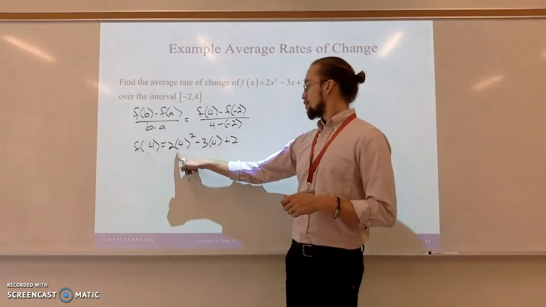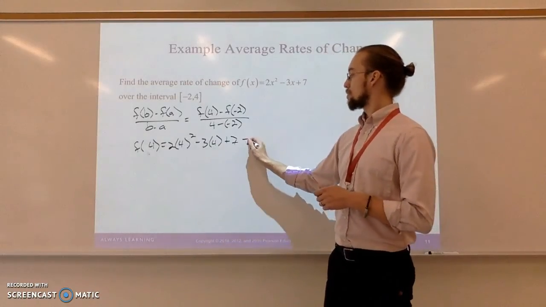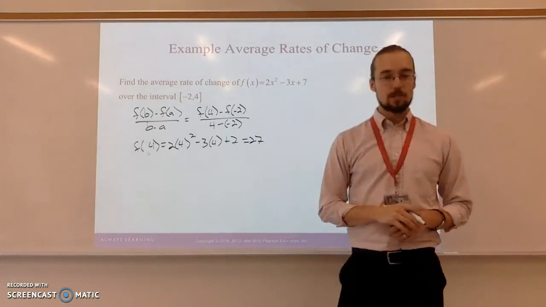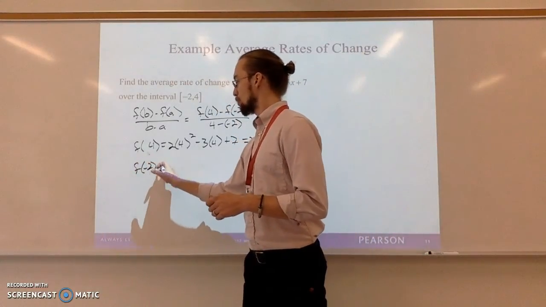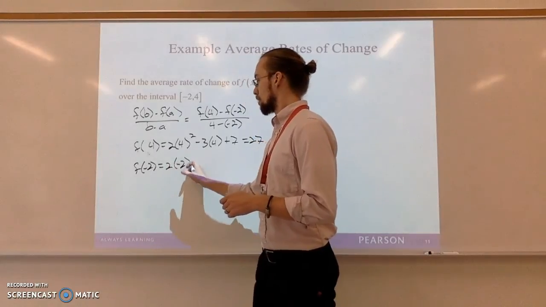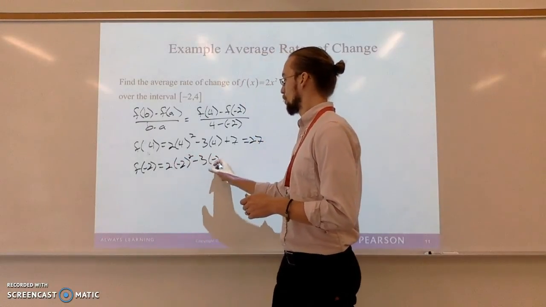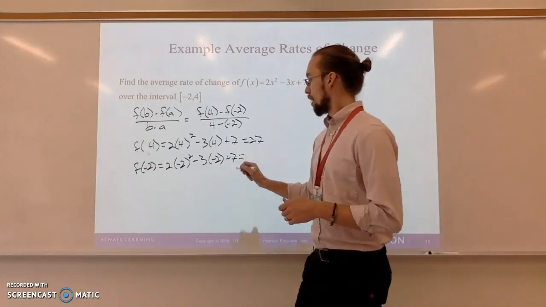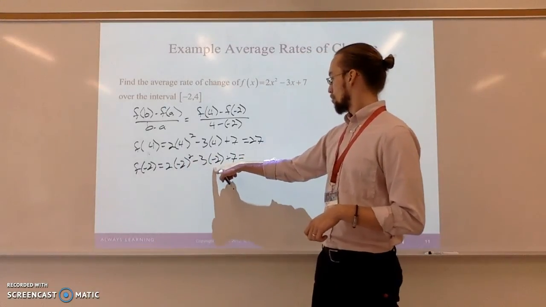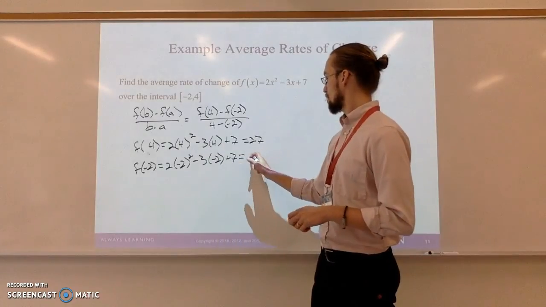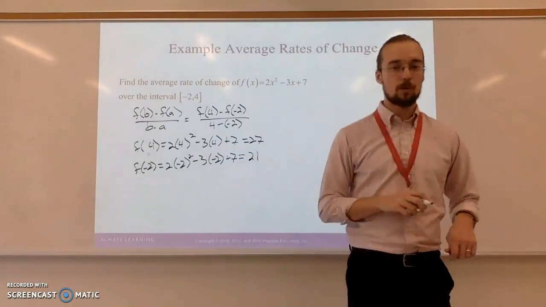So we get 32 minus 12 plus 7, which should be 27. Then if I evaluate f of negative 2, plug in negative 2, we get 8 plus 6 plus 7, so 21.